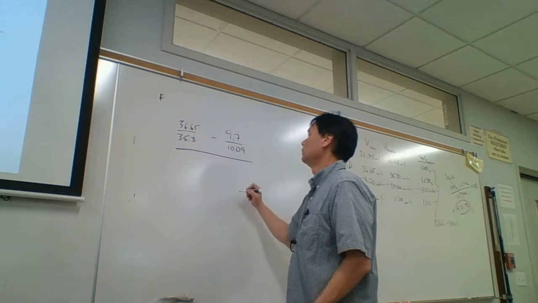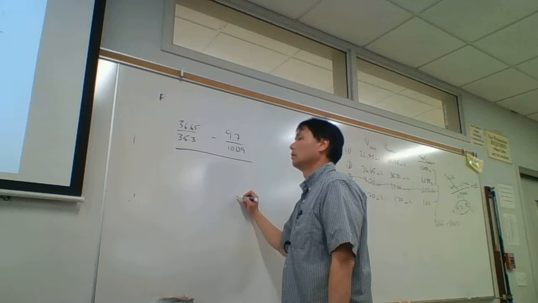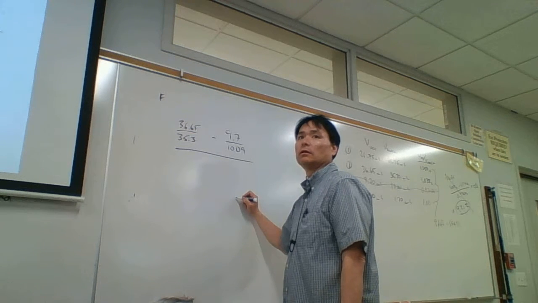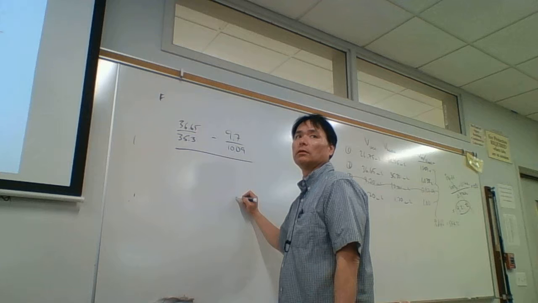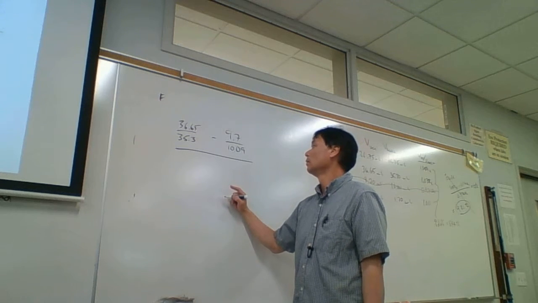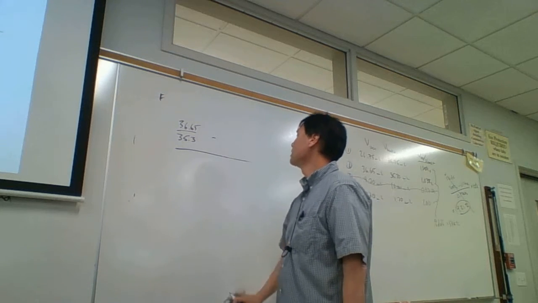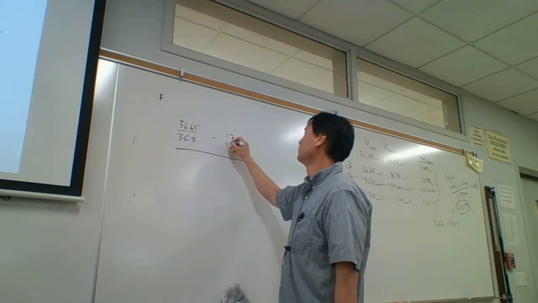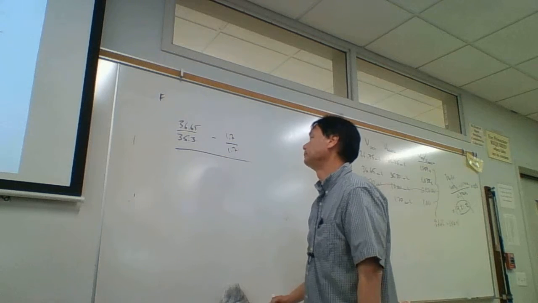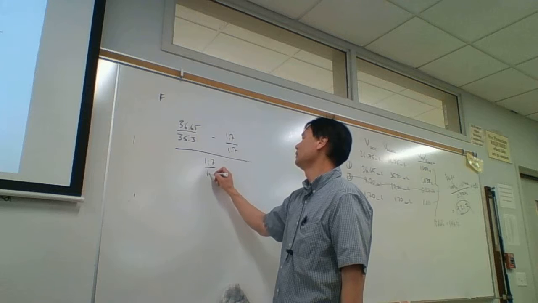Wait, I think this is wrong. The last one would be 1.7 over 1.7. So erase the 9.7. You did 1.7 over 1.7, and divide both by 1.7 over 1.7? Yeah.